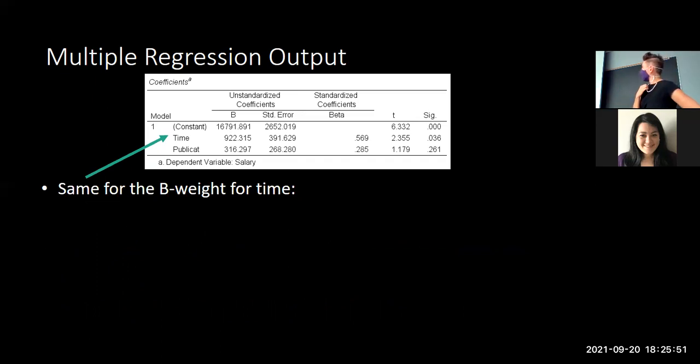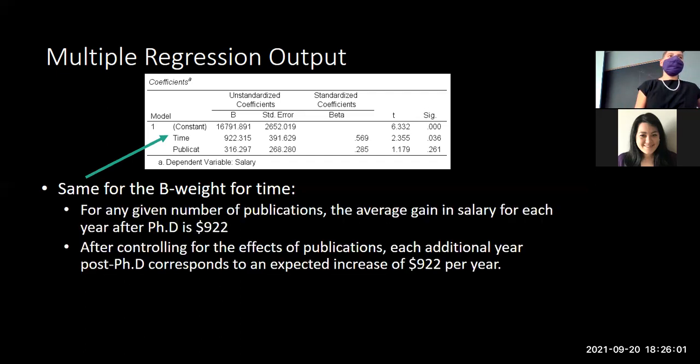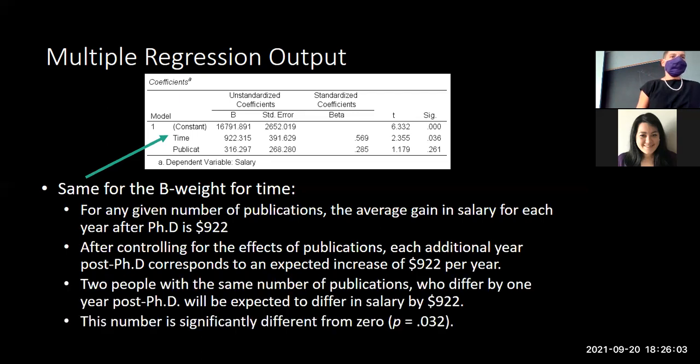While holding the number of publications constant, you could expect an additional increase in salary by 922. Yes, excellent. So every additional year, holding number of publications constant, you would expect to increase by $922. Yep, and there's just 3 different ways to say the same thing.